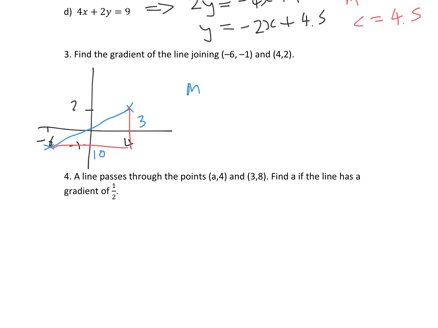So the gradient is, and if you're doing this without the diagram or getting these numbers from scratch, it would be the rise or the change in y. That is 2 take away minus 1, divided by the run, the change in the x values, x2 minus x1, so 4 take away minus 6.